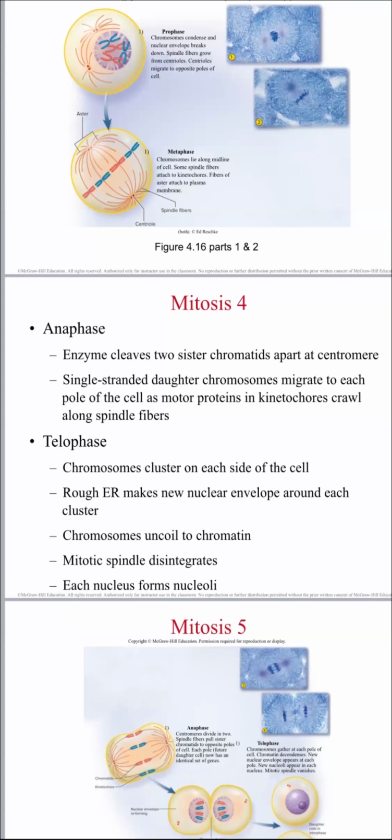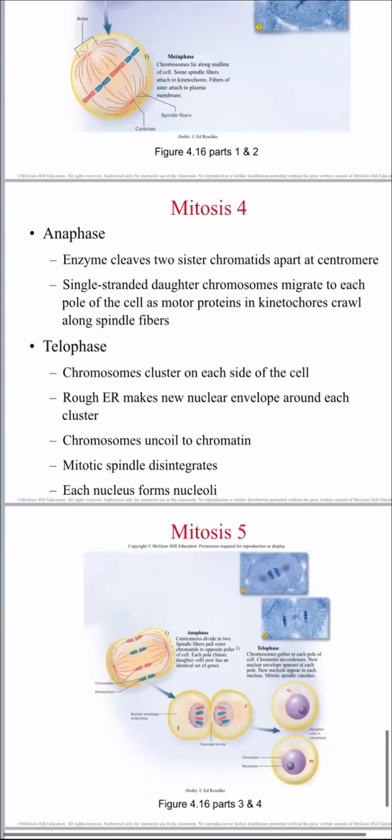So this is the way that we should see it in all of our cells. An anaphase enzyme cleaves the two sister chromatids apart at the centromere. Single-stranded daughter chromosomes migrate to each pole as motor proteins in the kinetochores crawl along the spindle fibers. Basically, the chromosomes are moved away from each other and towards the ends of the cell.